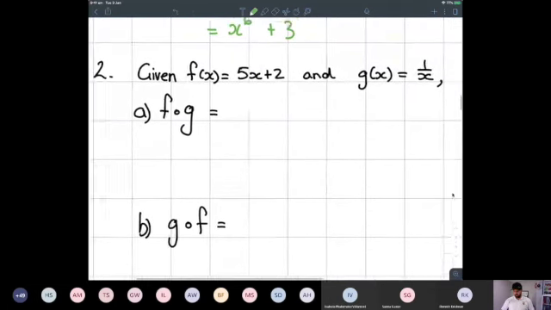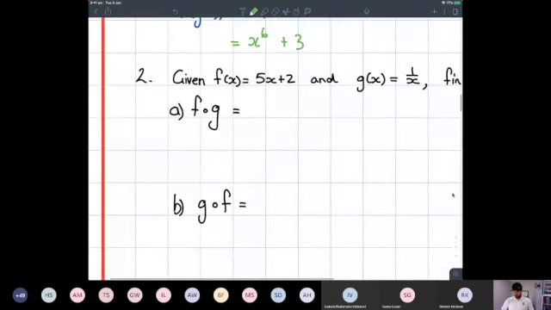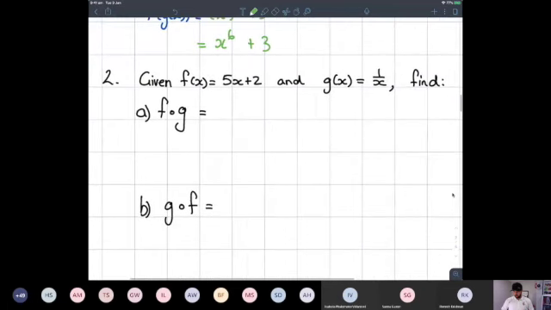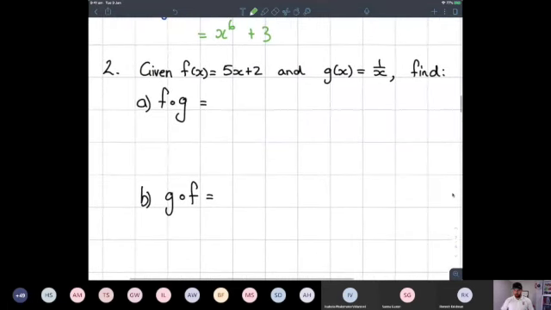Do we follow fog every time? Well, Rhea, you can see in question 2 here, A and B, one's fog and one's g of f.